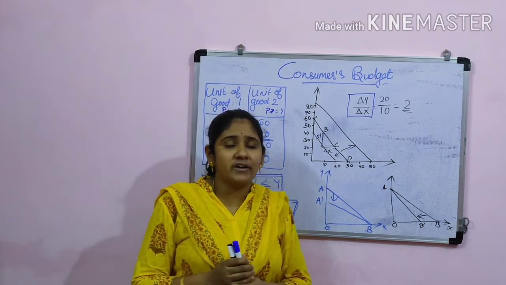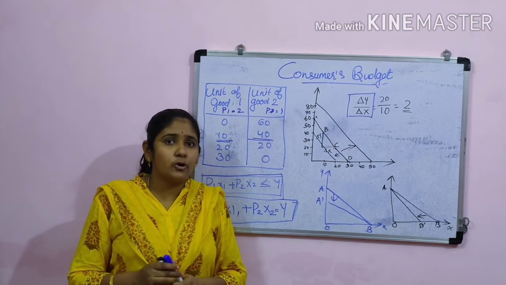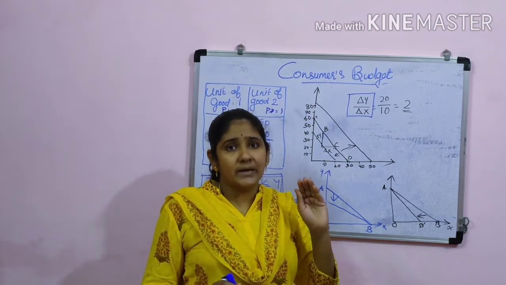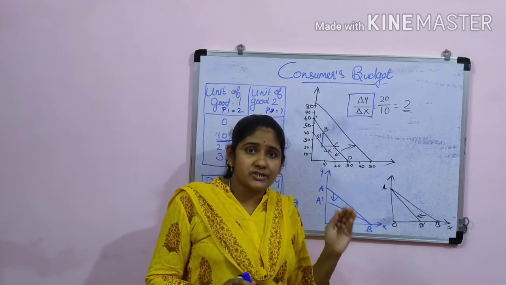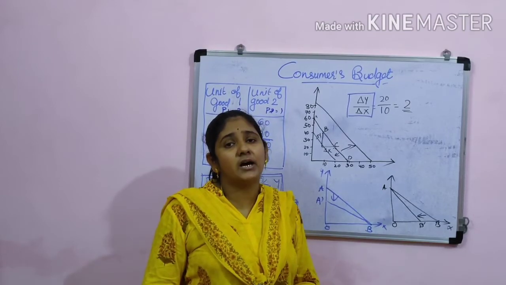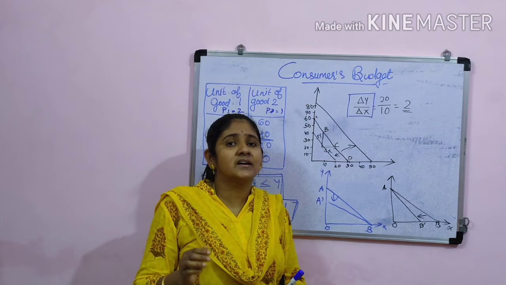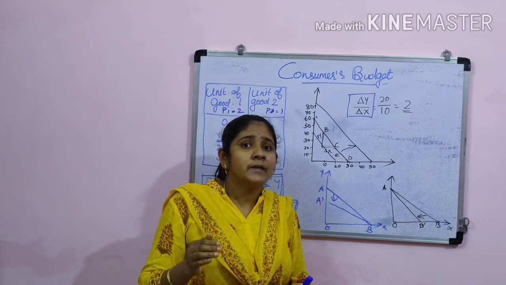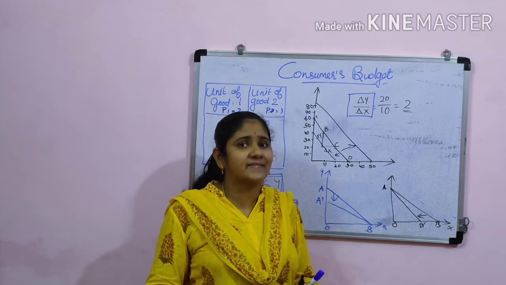So students, what were the points of our today's discussion? Firstly, we discussed what is meant by budget set. Then we discussed the budget line. Then the slope of the price line, which is in connection with the change of Y commodity upon change of the X commodity.